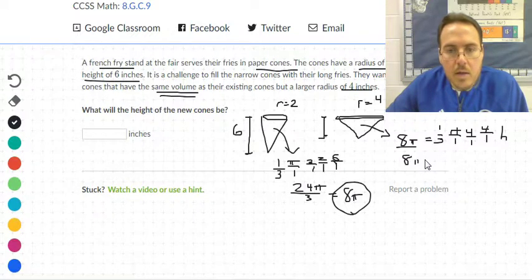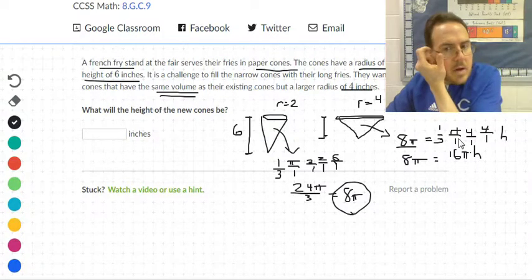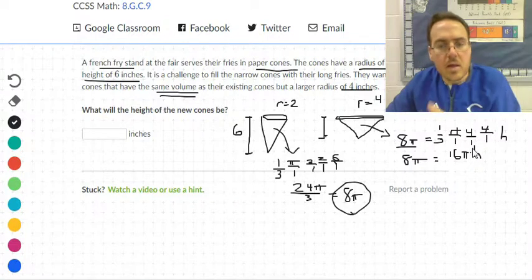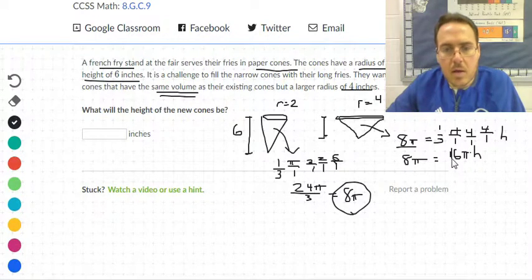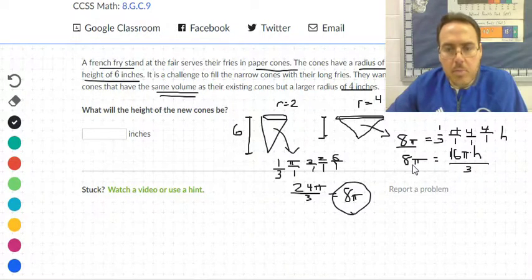So that'd be 16 pi times the height, I believe. Let's see, 1/3 pi r squared times height. Yeah, 16 pi times the height all over 3 is equal to 8 pi.